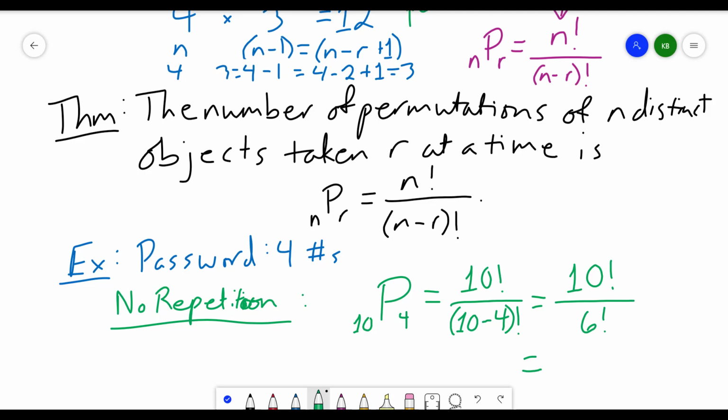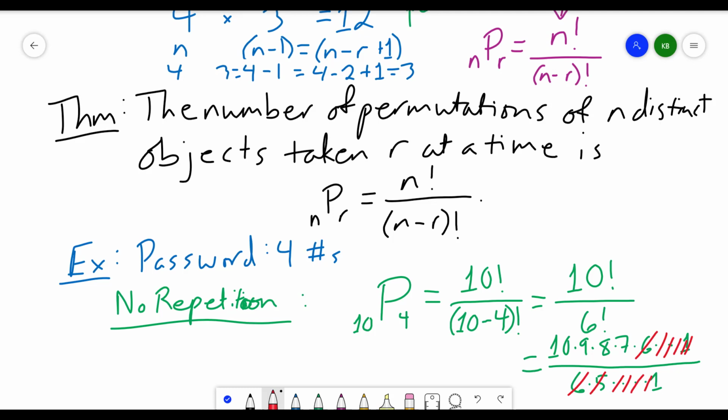So you can look at this. This is actually 10 times 9 times 8 times 7 times 6 all the way down to 1. And in my denominator, I have 6 times 5 all the way down to 1. And if I look at it, my numerator and denominator both have a 6. They'll both have a 5, a 4, a 3, a 2, a 1, right?